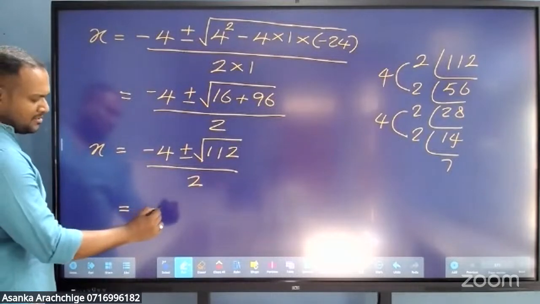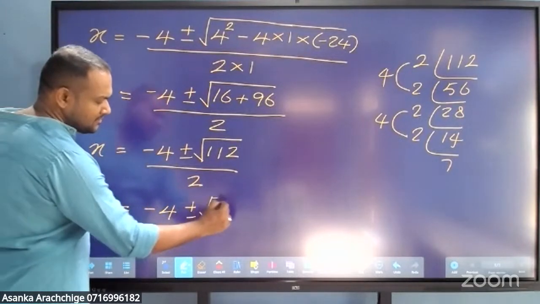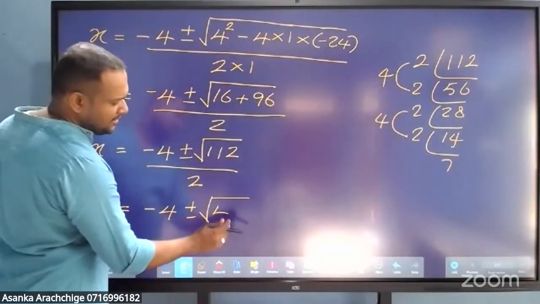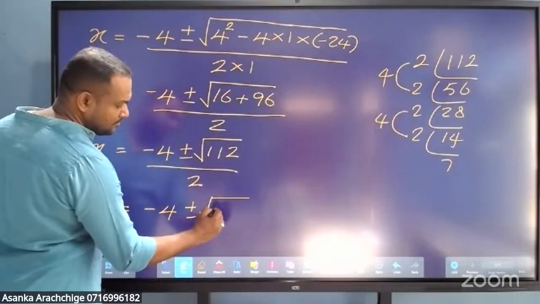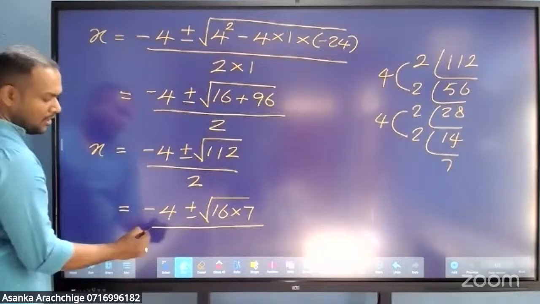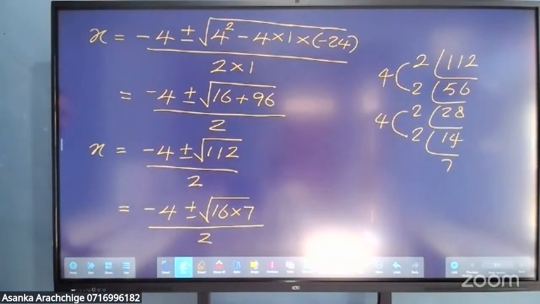So 112 can be written as minus 4 plus or minus square root of 16 times 7 upon 2.